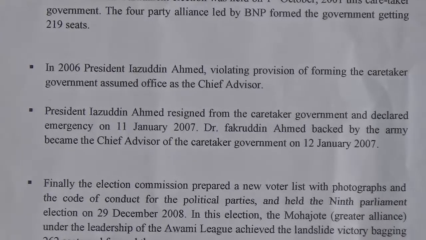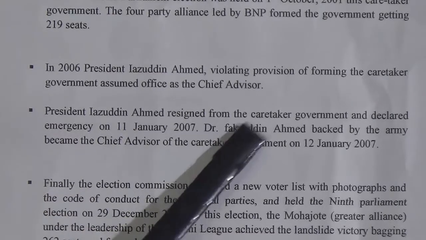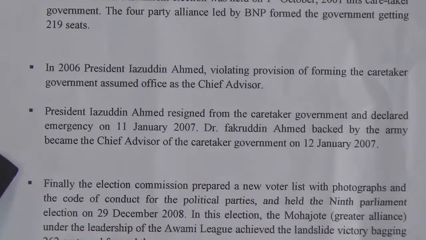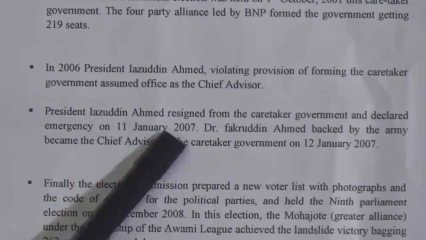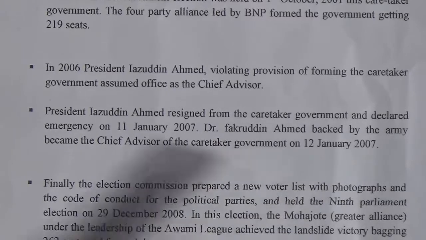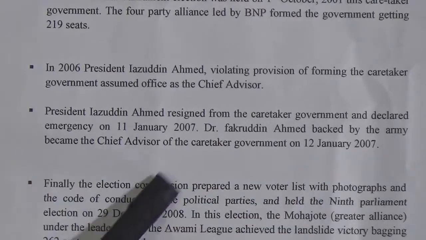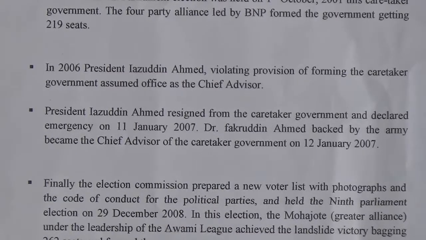Okay, so in that time President Yazuddin Ahmed resigned from the caretaker government and declared emergency on 11th January 2007. Dr. Fakhruddin Ahmed, backed by the army, became the chief advisor of the caretaker government on 12th January 2007.